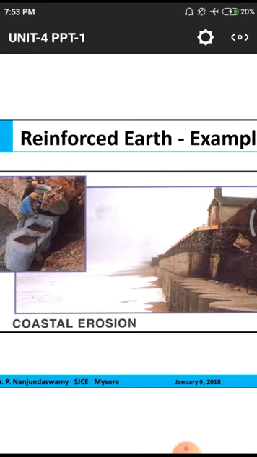Yearly there may be some degradation of 5 to 6 centimeters, or sometimes meters also, due to this heavy action of tidal forces onto the sea shore areas. Sea shore means where there is an availability of sea water onto the ground. Those areas we call sea shore areas.